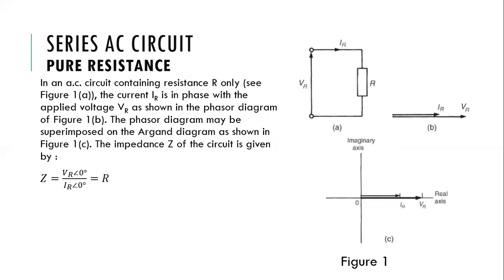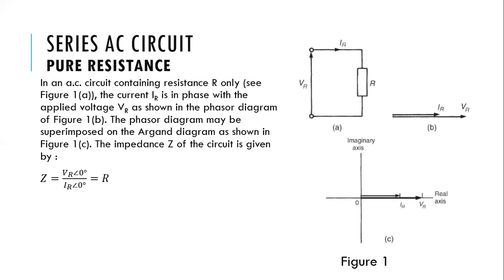Series AC circuit. In an AC circuit containing resistance only, which you can see in figure 1A here, the current IR is in phase with the applied voltage. We learned that in the first class of this module, and this is shown in the phasor diagram of figure 1B.